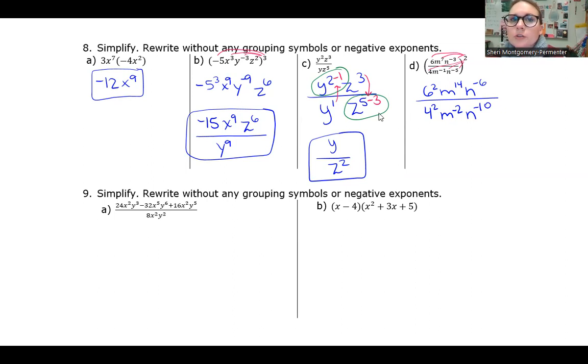So now I'm going to go through just like I did before, that I'm going to look at the m's on top and bottom and the n's and see which one's bigger. For this one, 14 is bigger than negative 2, so I'm going to subtract. What happens when you subtract a negative? It's like minus minus.